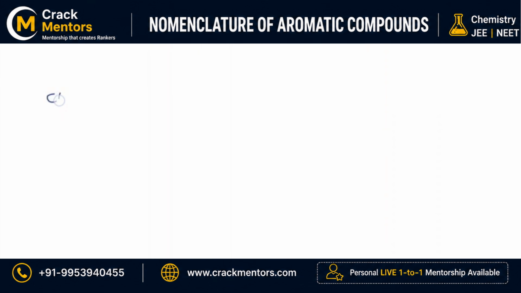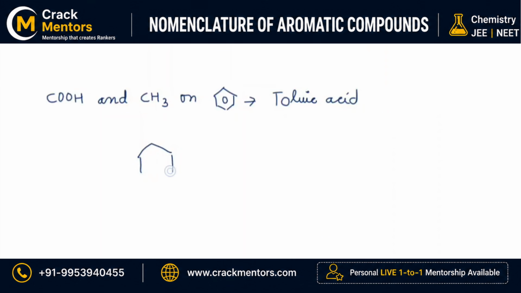Now the thing which I want to tell you, the combination of COOH and CH3 on benzene is what? It is known as toluic acid. So how will it look like? Suppose this is your benzene and here COOH is there and here CH3 is there. So this is ortho relation.